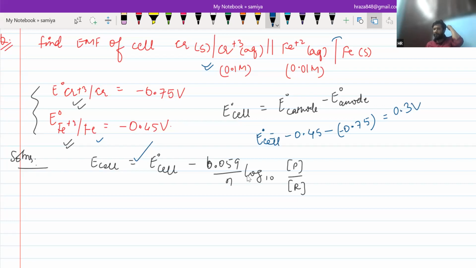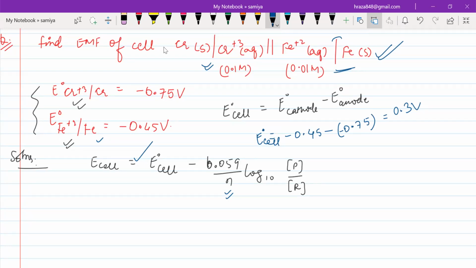E naught cell, 0.059. Can't you write the equation from this representation, and from that equation you will get to know what is the number of n? Are you getting my point? Please write the equation for this representation, as I have already taught you how to write equations or reactions from representation. Yes or no? Yes, sir. Please write the equation and let me know.